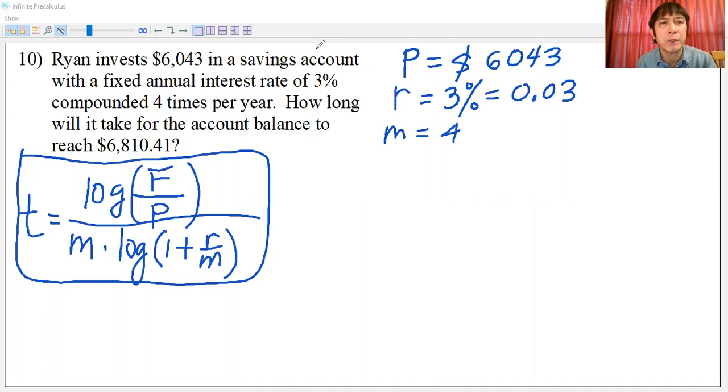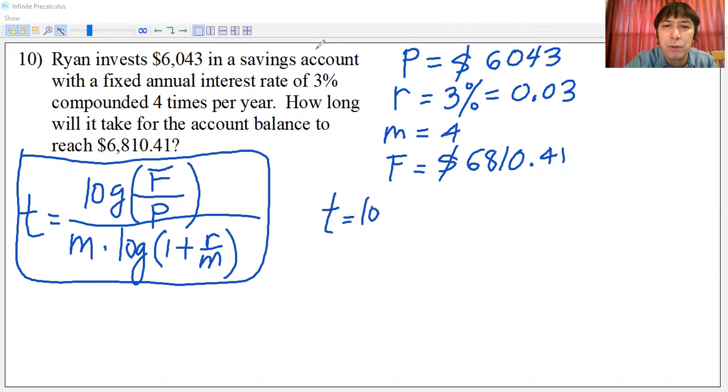How long will it take for the account balance to reach $6,810.41? That's the final amount there, in dollars, 6,810 and 41 cents. We're going to apply this formula over here for the time.